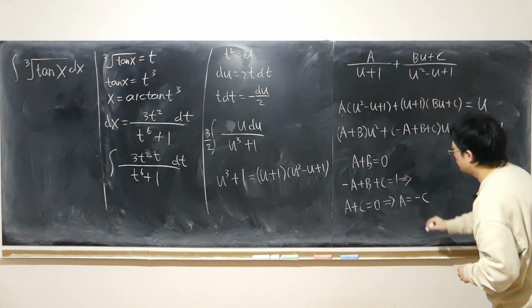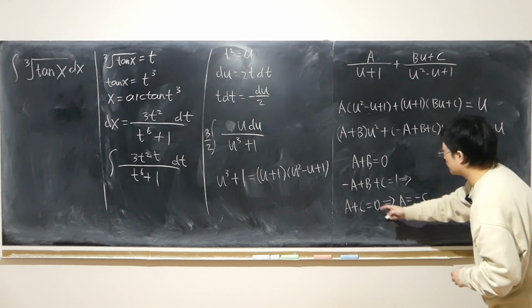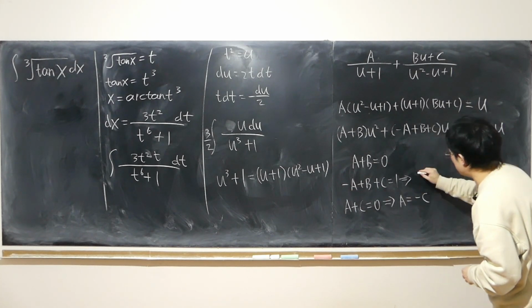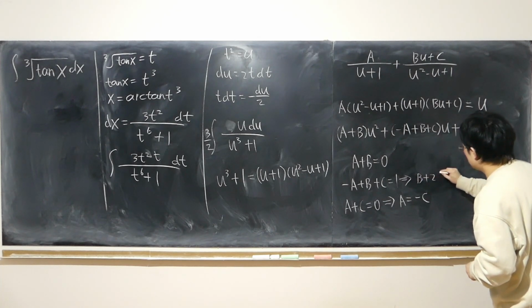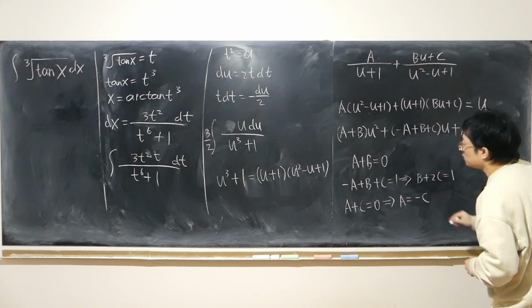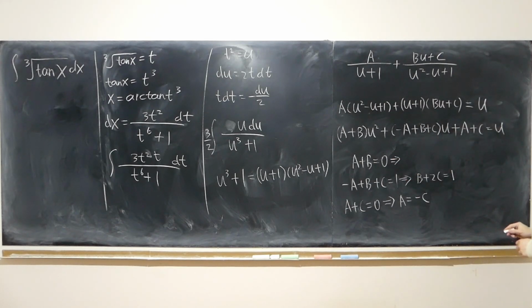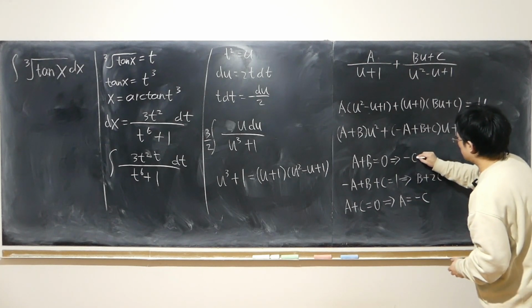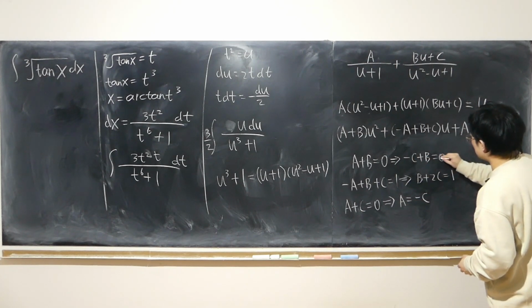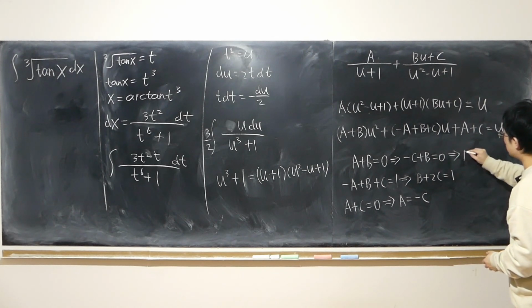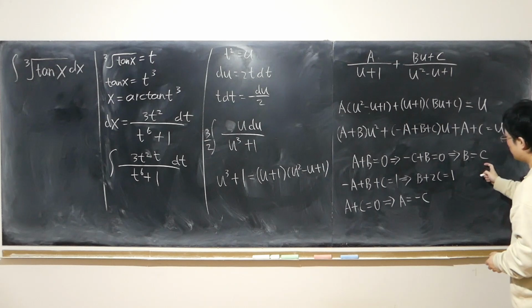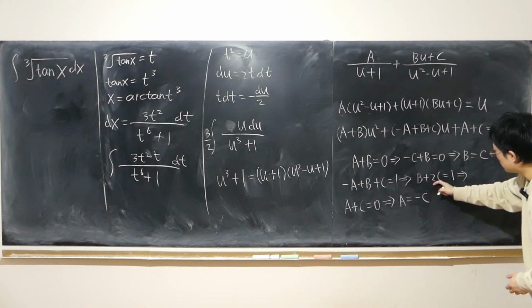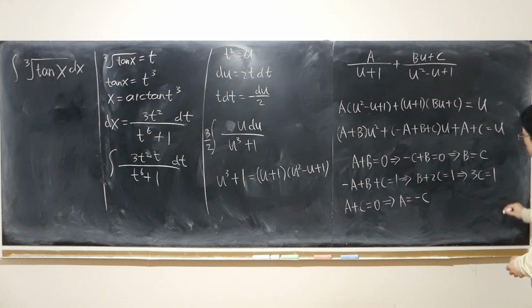From here, A becomes negative C, and negative C plus B is 0, so B is equal to C. So 3C is equal to 1, so C is equal to 1/3.